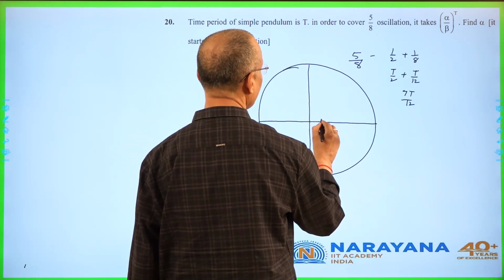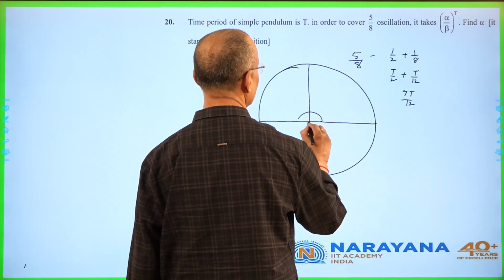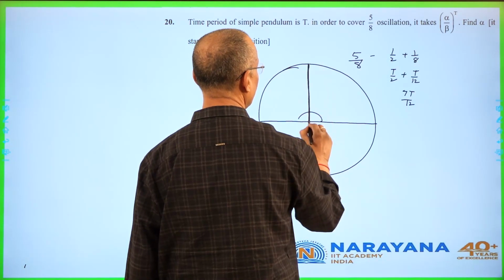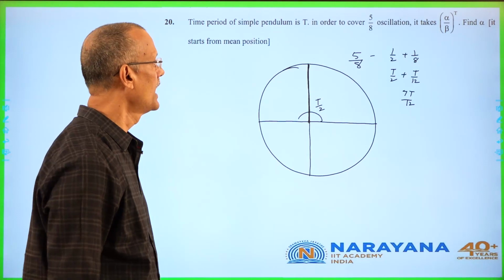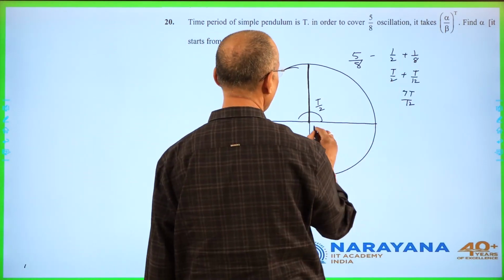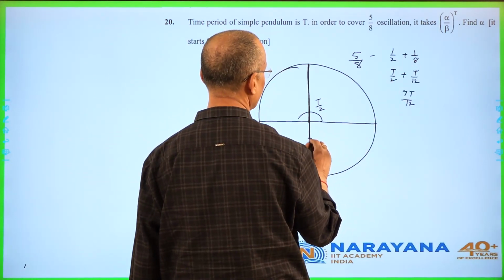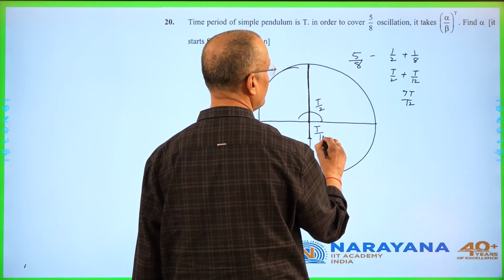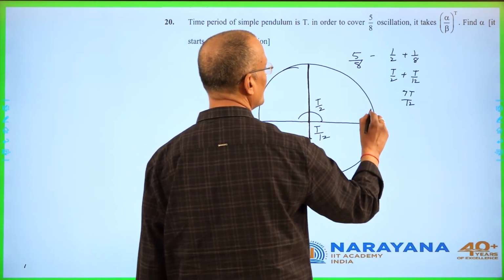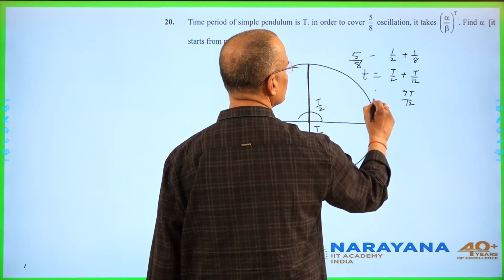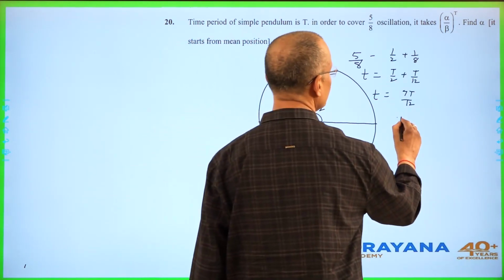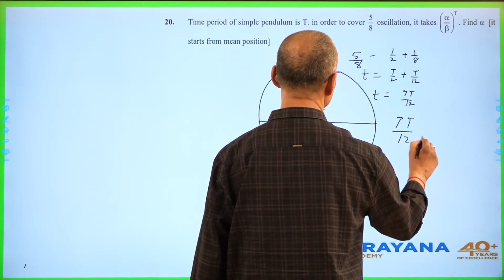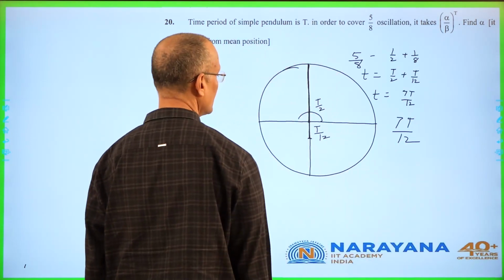So for half oscillation, it will go from here till here. Time taken is T by 2. And then 1 by 8 means here. Time taken is T by 12. So total time is 6 plus 1, 7T by 12. This is the total time taken.